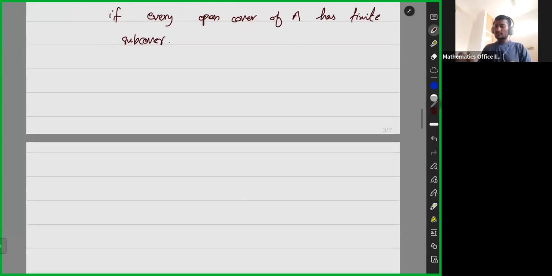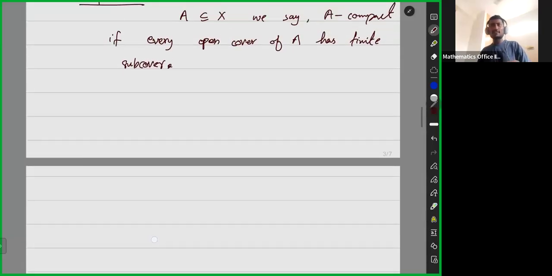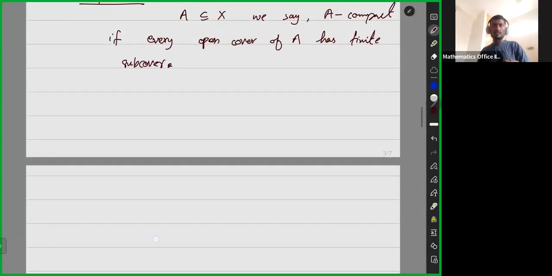Right. This is the definition, and then we had some exercises left in the class. So I think we'll solve that exercise also.